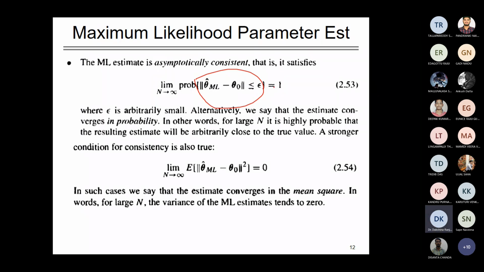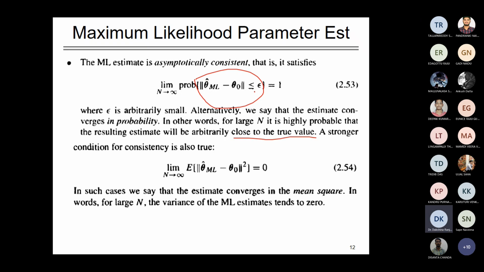If this limit gives us 1, then we can say that the estimate converges in probability. For large n, it is highly probable that the resulting estimate will be arbitrarily close to the true value. So that is the interpretation of this asymptotically consistent property: if we have a large number of samples, it is highly probable that the resulting estimate will be arbitrarily close to the true value.